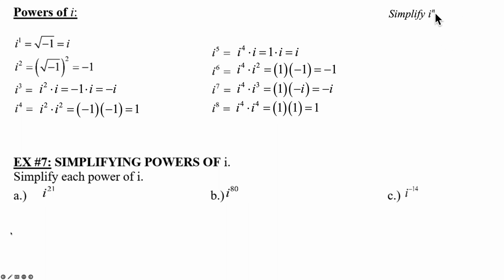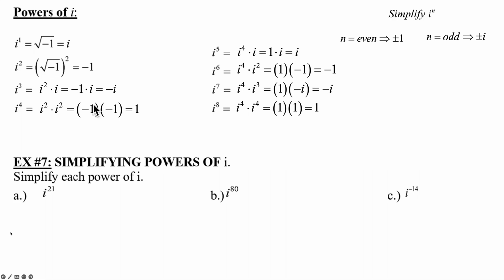So, let's build a rule. To simplify i to the nth power, the first thing you look at is the power. If the power is even, it's either a positive or negative 1. We just got to find the sign. If the nth power is odd, then it's an i, positive or negative. We just got to figure that out. Now, how do we figure that out? Oh, we use a rule that you've been using for quite a long time.